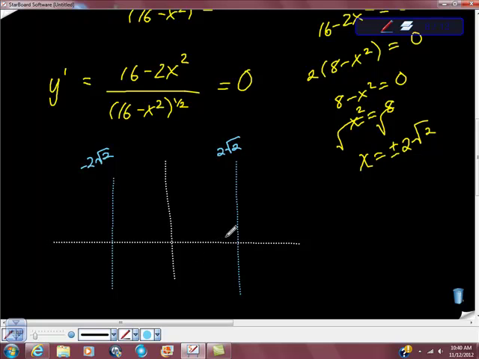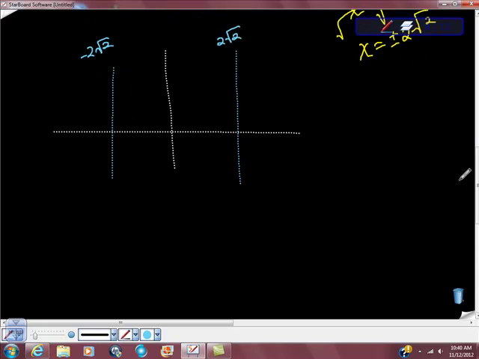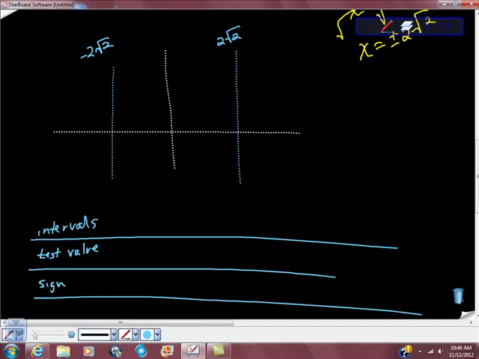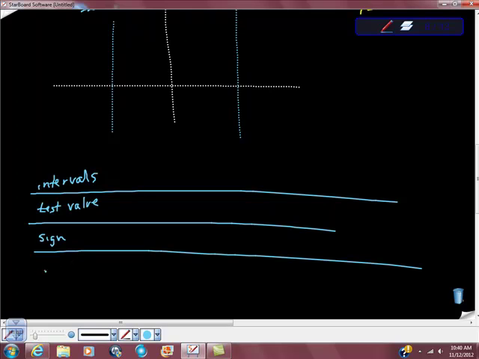Can you see the intervals now? And then you just take these intervals, take the test value, take the sign of the test value, and then your conclusion.